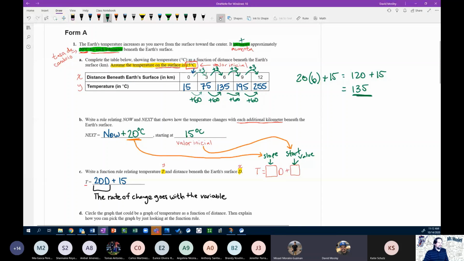This is the same, right? So the 6 is the distance from here. And when I use that to multiply by the rate of change and add the start value, I get 135 for the temperature. So yes, you use that top value in the table to multiply by the rate of change to find the bottom value.